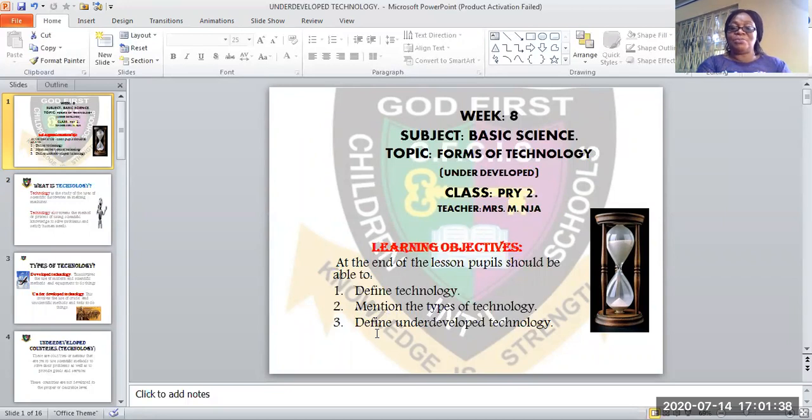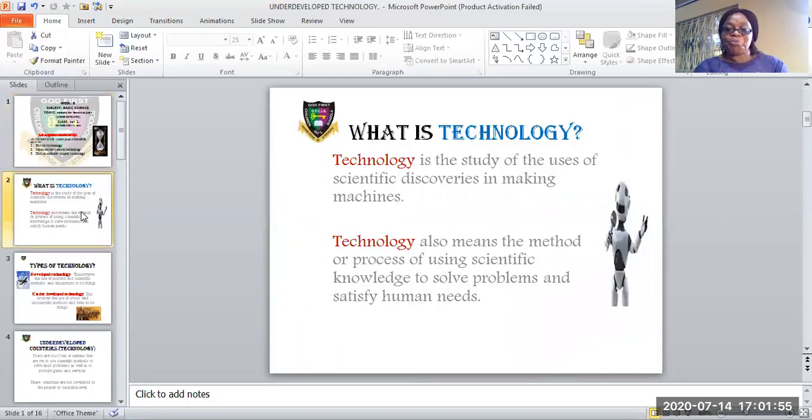What is our objective? Defining technology, mentioning the types of technology, defining underdeveloped technology. Beautiful. Let's move on.